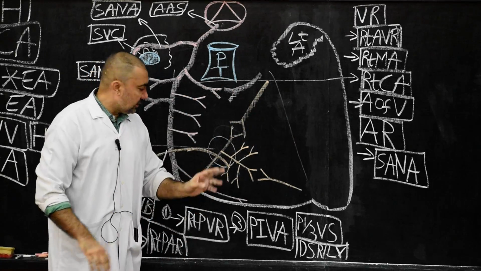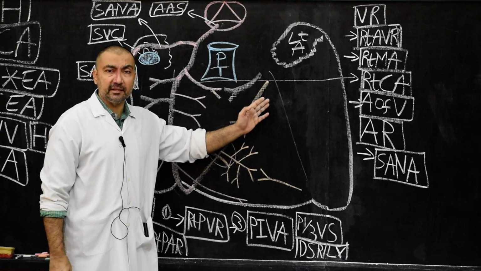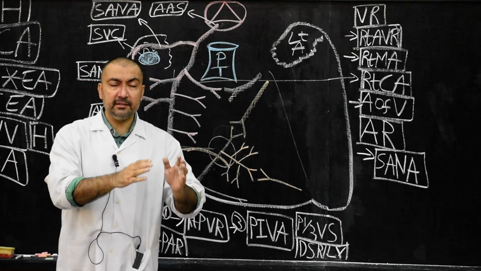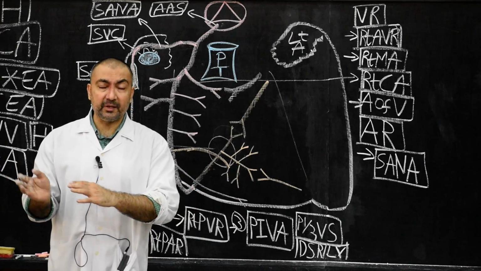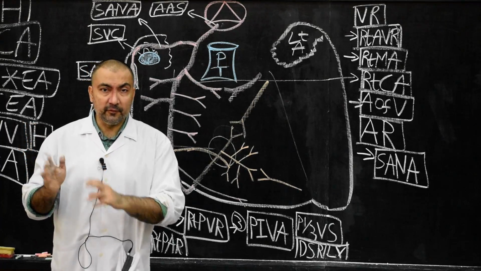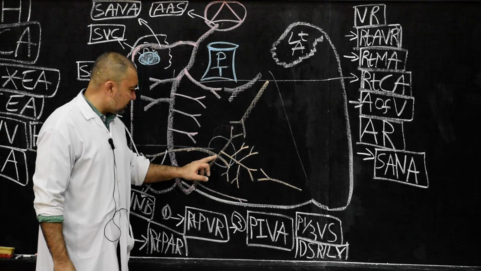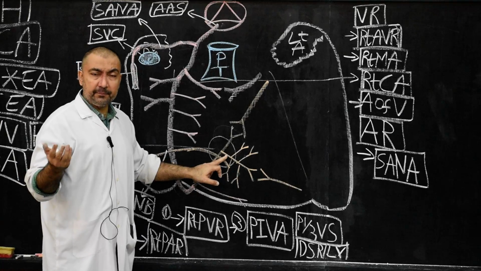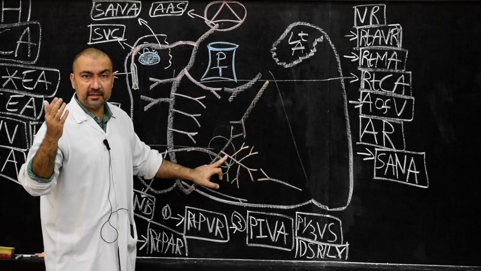In those cases where the posterior interventricular artery is a branch of left coronary artery or a continuation of left coronary artery, those cases are called left coronary predominant cases, or left coronary dominance, or left coronary dominant heart. Whereas in normal cases where the posterior interventricular artery is a branch of right coronary artery, then it is called right coronary predominance, or right coronary dominance, or right coronary dominant heart.